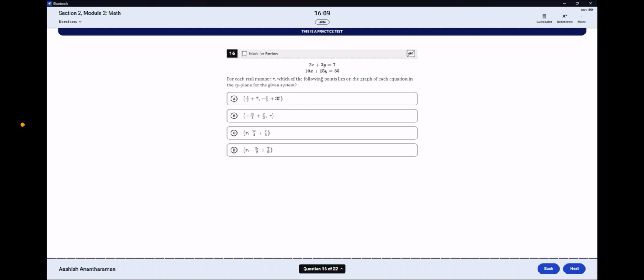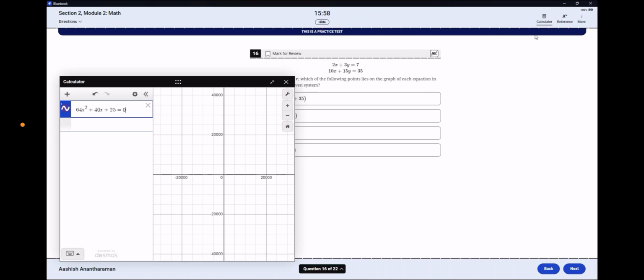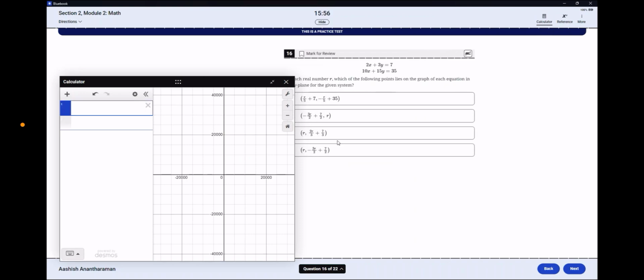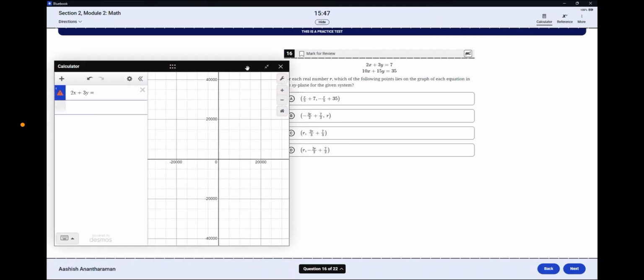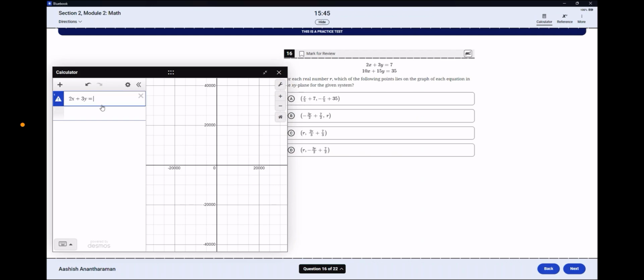For each real number r, which of the following points lie on the graph of each equation? Okay, so for each real number r, every real number, there should be these points. So let's use Desmos. We're trying to find points that will land on both equations, right?